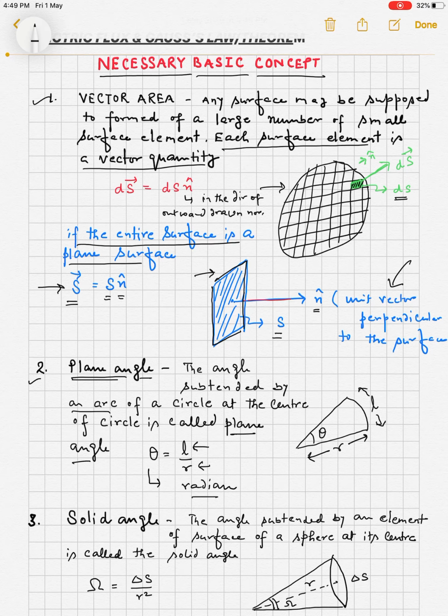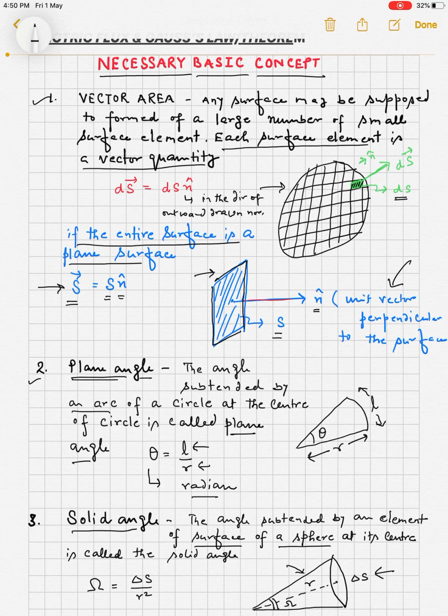Now the next basic concept is solid angle. The angle subtended by an element of surface of a sphere at the center is called the solid angle. So here is a surface element delta S of a sphere, whose area is delta S, and R is the radius of that spherical surface.